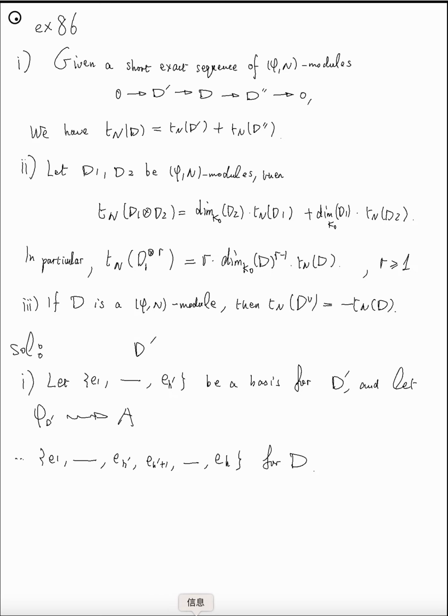Extend the basis from D prime to D, and then as a k0 vector space, D double prime is just D quotient D prime. In particular, this gives you a basis for D double prime.